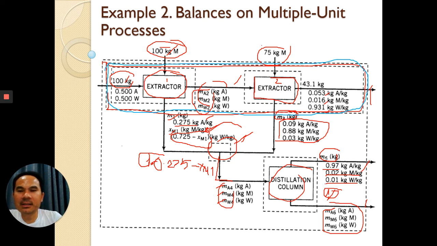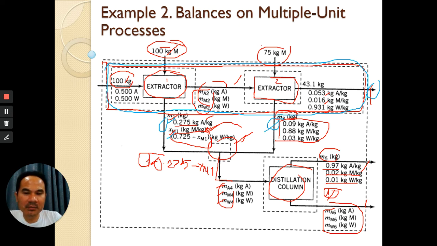For this case, we have 3 inputs: 100 kilograms, 100 kilograms, and 75 kilograms. These inputs are known values. And we have 3 outputs. How about the outputs? We have M1, XM1, and M3.